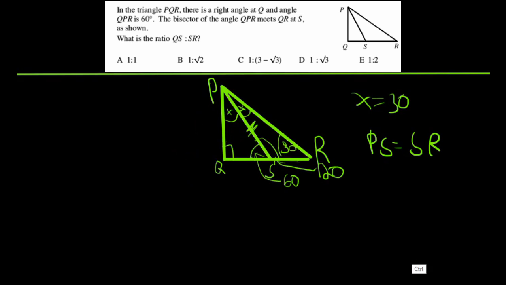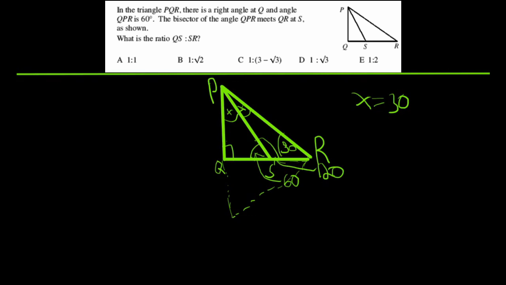So we'll start off with this diagram, and we know that the triangle QPS is half an equilateral triangle, and we also know that triangle QPR, the big triangle, is also half an equilateral triangle, because if you flip the triangle QPR in the side QR, you get the other half of the equilateral triangle.